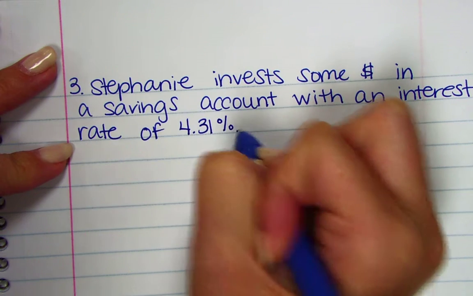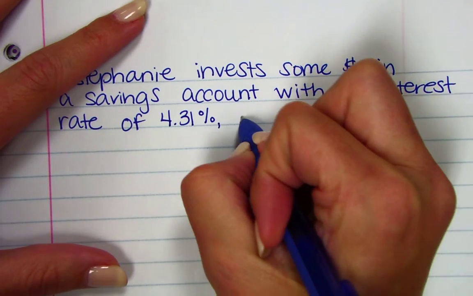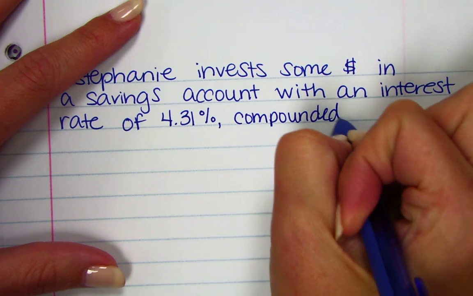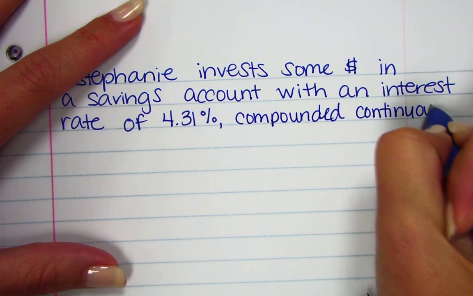Okay, that's a little bit more realistic. Usually it's not such a round number. Usually it's like more decimals. So it gets a little bit more out of you, really. And compounded continuously. That's our key word. That's how we know to use this formula.